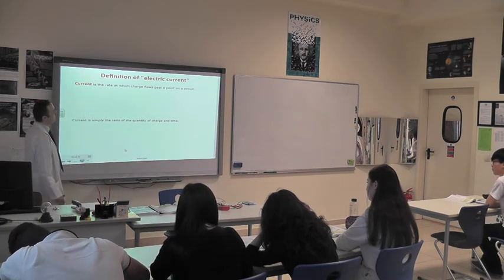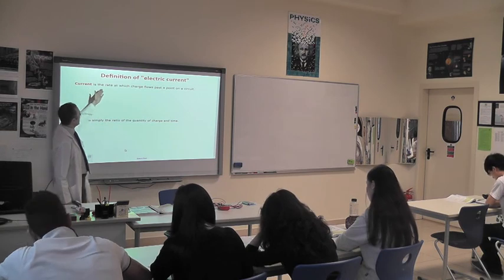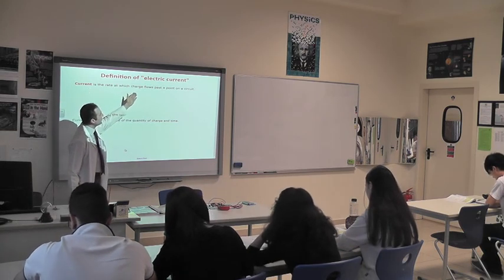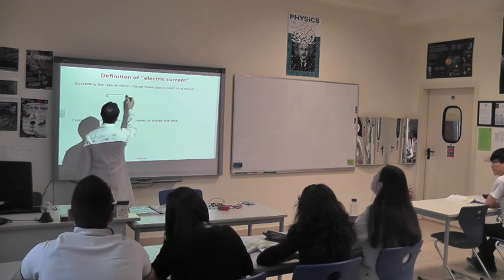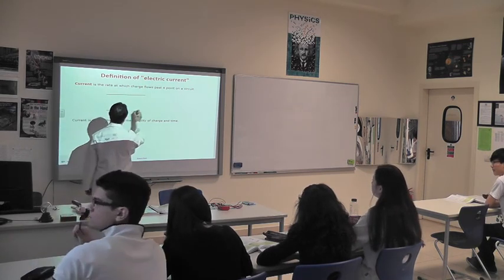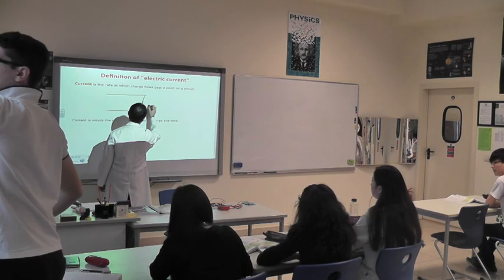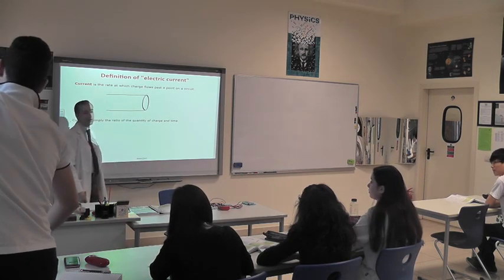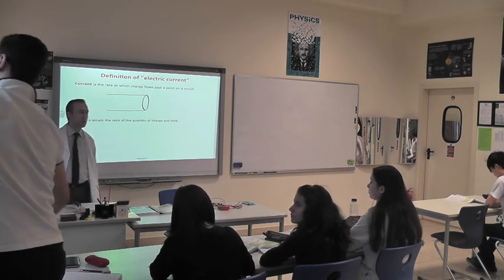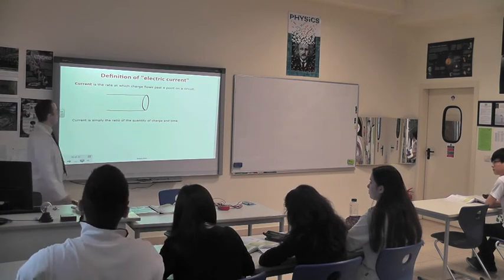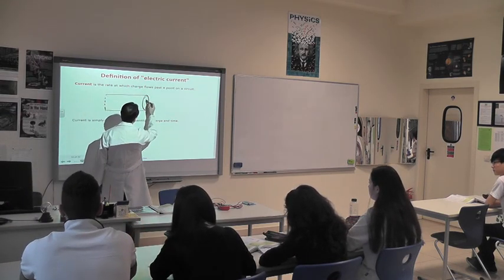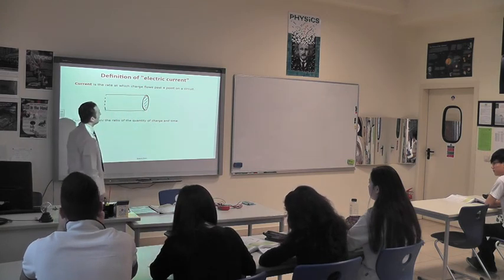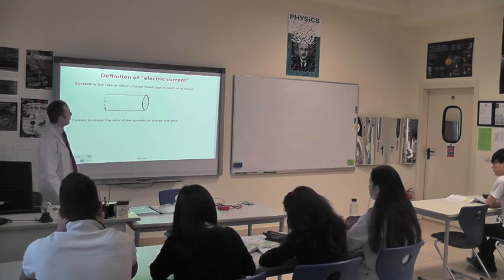This current, people, can be defined as, please write down, the rate at which the charge flows past a point on a circuit. So I have, let's say, a conductor. Current can flow only through conductors. Let's say this is a conductor, right? Through a certain point, past a point on a circuit.